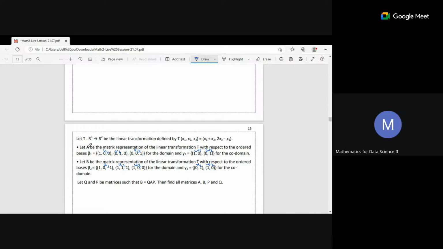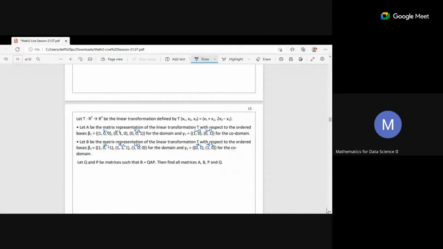Now tell me how to find A. A is actually with the standard basis, so that is the simplest matrix. So can you tell what is TV1? 1 comma minus 1. And TV2? 1 comma 0. TV3? 0 comma 2.